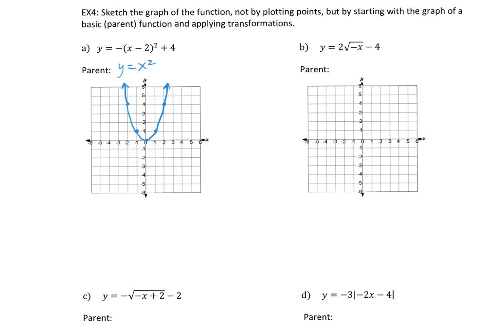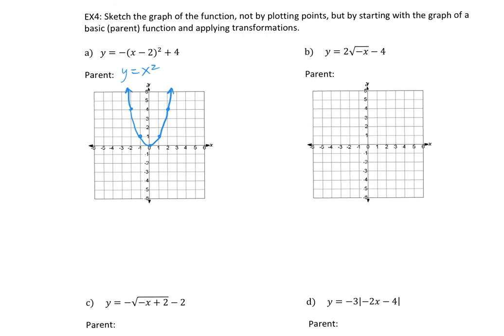Okay, so I want to do everything that affects x first. And now the only thing within the parentheses is this -2. So this -2 is going to be the first transformation that I graph. That says that I'm going to shift the graph to the right 2 units.